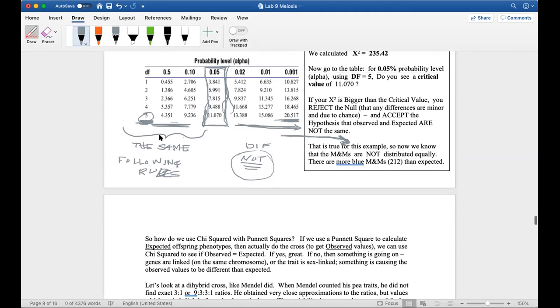Okay, so let me erase all of this. I said our degrees of freedom were 3, and our number was 0.5.